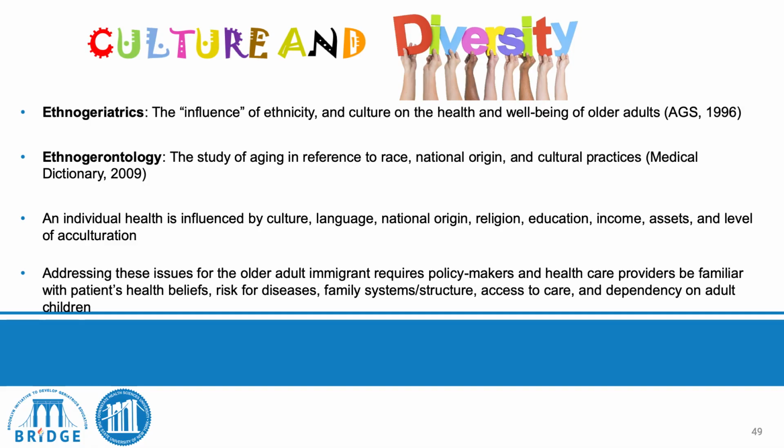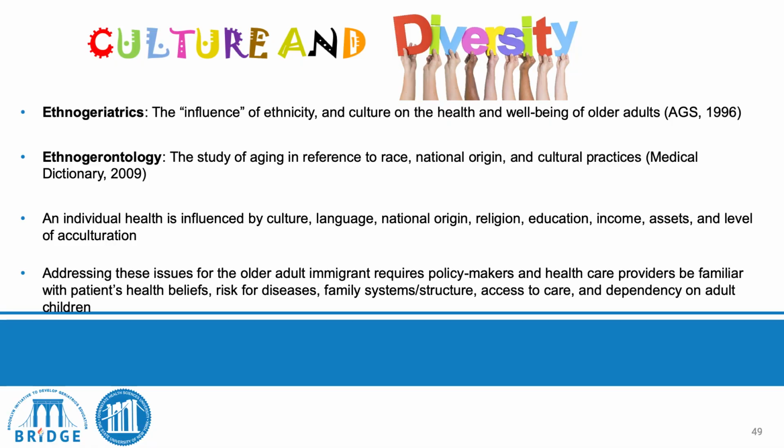An individual's health is influenced by culture, language, national origin, religion, education or lack of education, income, assets, and level of acculturation. How well have they assimilated into the United States population? How well have they adapted to being in the United States versus being in their country? How much of their original culture and beliefs do they still hold on to?